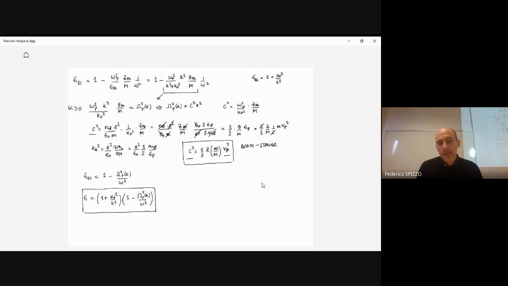The question now is, what happens if we also consider the contribution of the ions? So what happens to the electron-electron interaction, going back to what we have seen at the end of the presentation of the Hartree-Fock approach, if we include this additional term within the calculation.